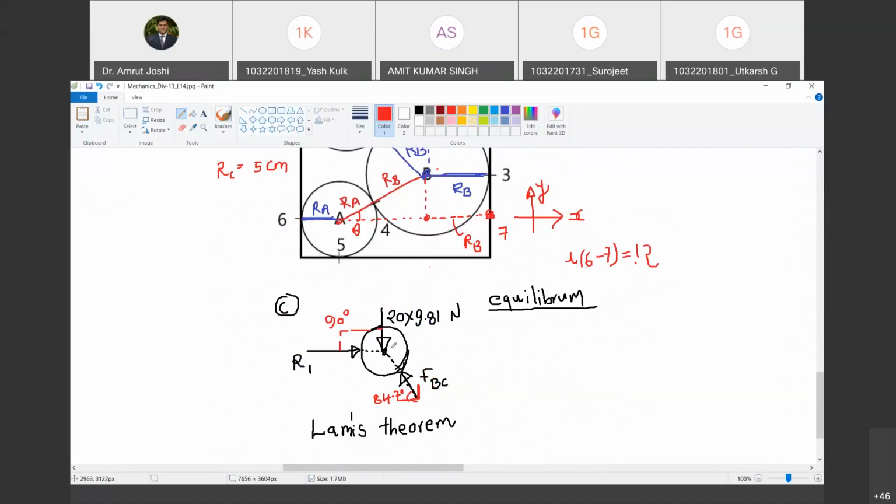Happy? Yes. So what will be this angle? Tell me. 90 plus 84.7. Correct. So it is going to be 90 plus 84.7. So tell me this angle. 174.7. And now the summation of all the three angles must be 360 degrees. So you can tell me what is this angle?